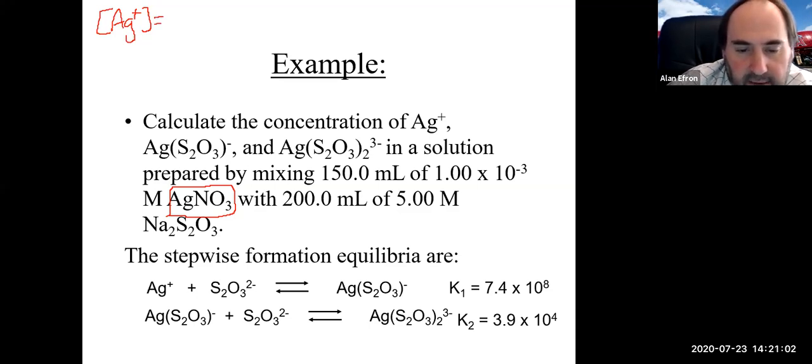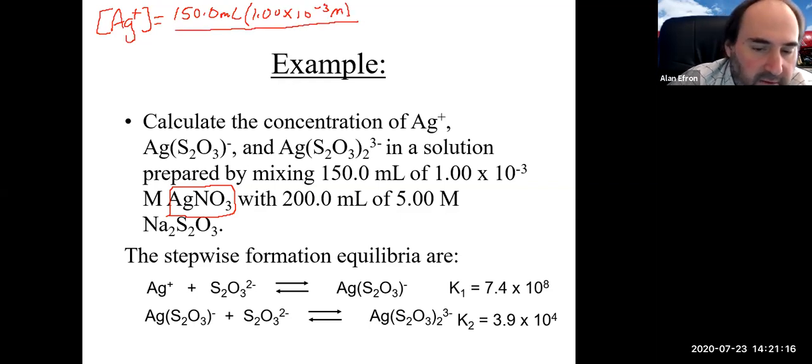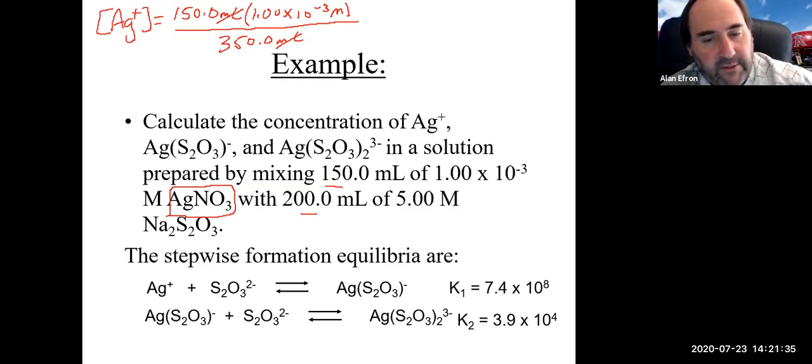And if we do, we have 150 milliliters of the silver nitrate, and we times it by the concentration of the silver nitrate, and divide by the total volume, which would be 150 milliliters plus 200 milliliters, gets us to 350 milliliters. Again, when you use the dilution equation, you don't have to worry about converting. You can convert it to liters if you want. You could leave it in milliliters as well.